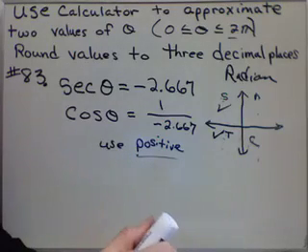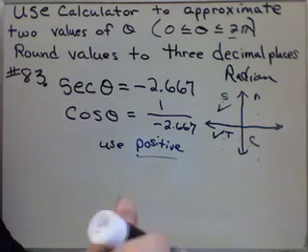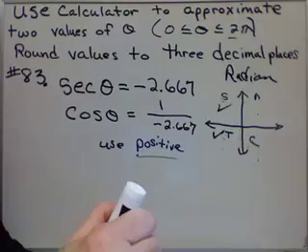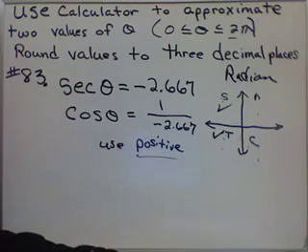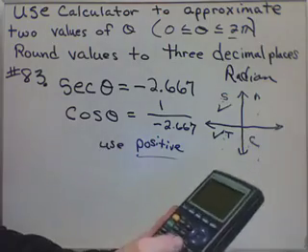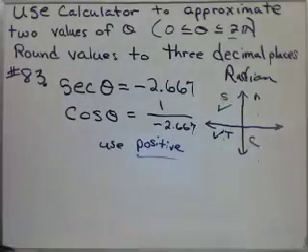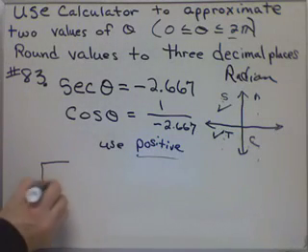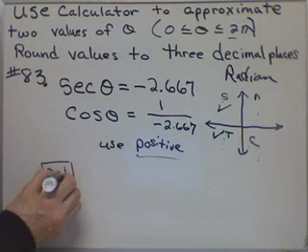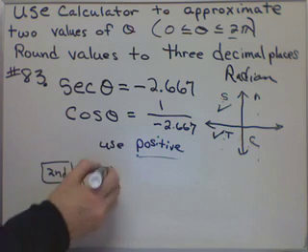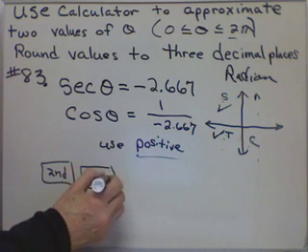So once you're in radian mode, we need to figure out what is the radian angle that this stands for. So we're going to type it in. Do you remember what the process is? I'll write my key code here. The first thing you're going to press is the second button. Then you're going to press the cosine button.